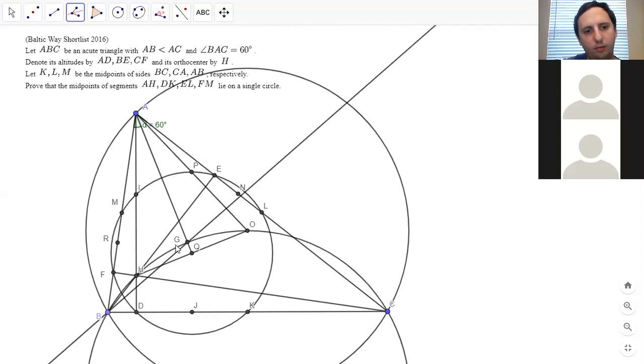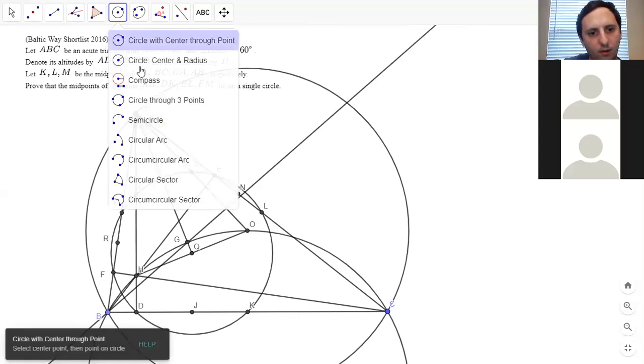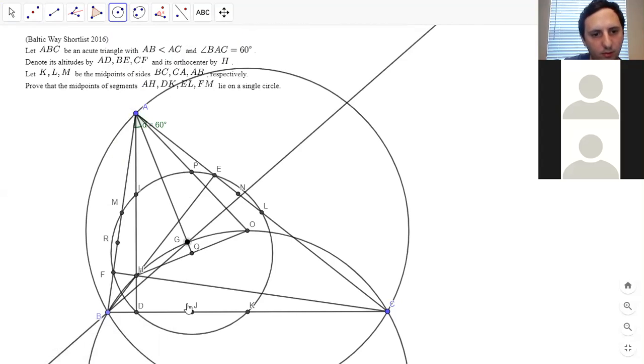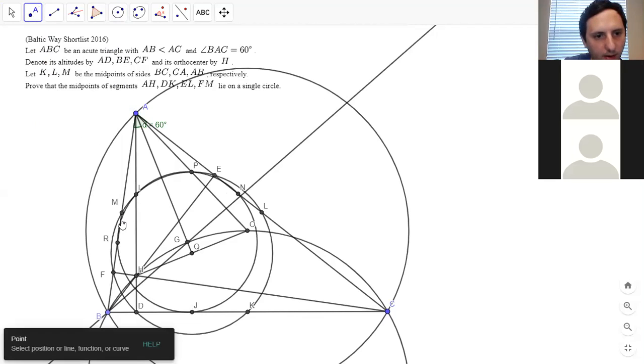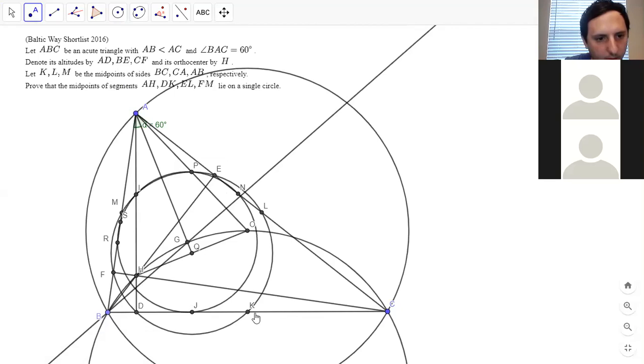Like if GR equals GJ, wouldn't that mean this is like a kite? Either a kite or, yeah, I'm confused here. Or maybe either it's a kite or BJ equals BS.